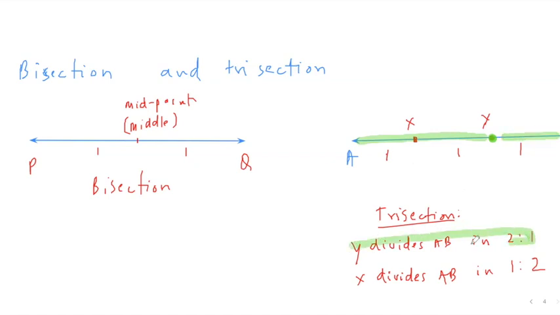That's what I've written here. Y divides AB in the ratio 2:1. Got it now? And the same way, if I were to make X the protagonist, then X would divide this whole line AB in the ratio of 1:2. Correct? Is that fine, guys? Yes, sir. Understood. So points of trisection, got to be careful.